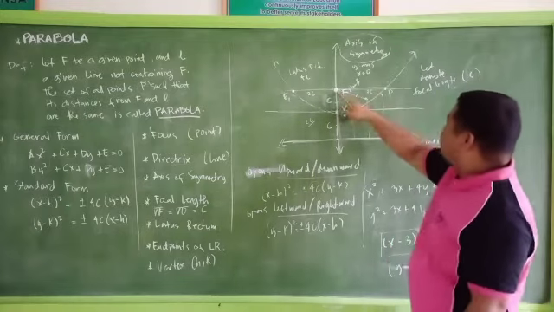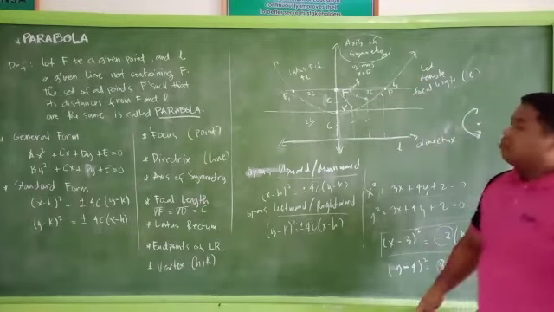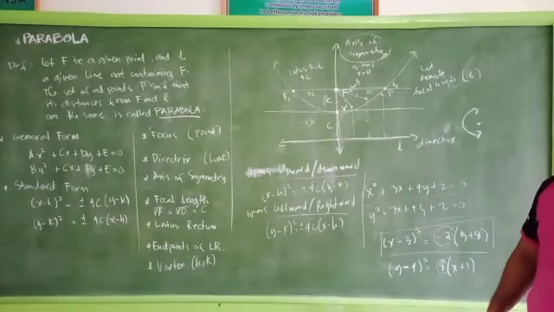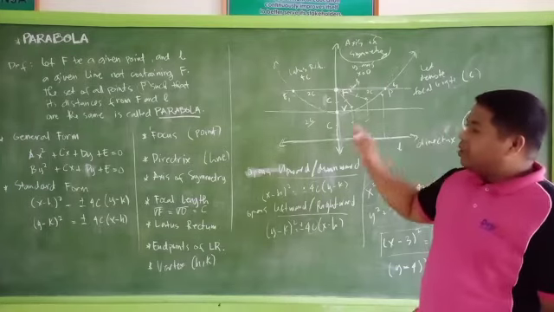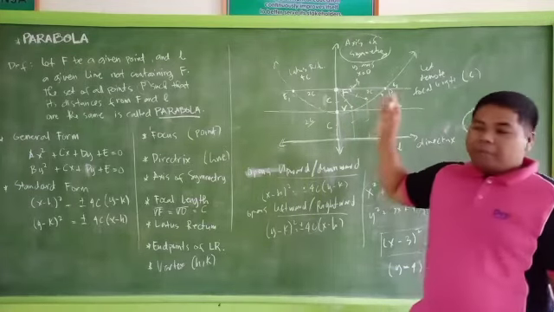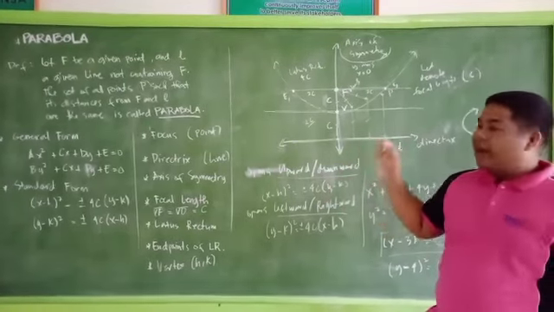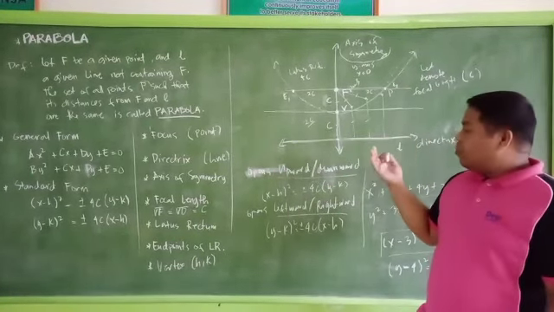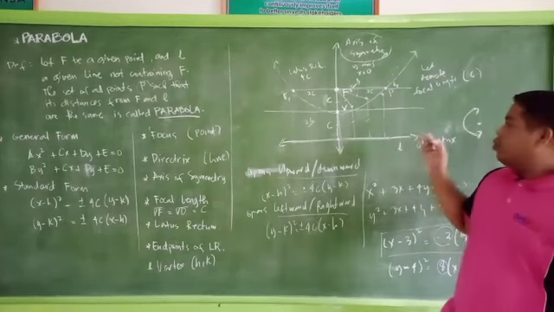Also, distance from focus to end point ng latus rectum natin number 2 is also 2C. Nakuha. So, that's it. So, I hope you understand. Those are the basic terms na kailangan natin matutunan before tayo magsagot ng mga problems with regards to parabola.